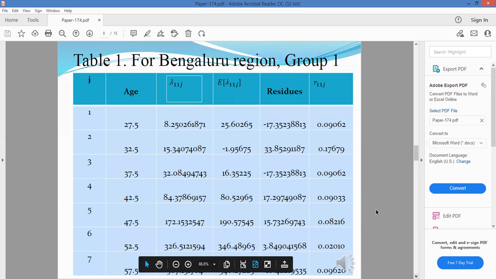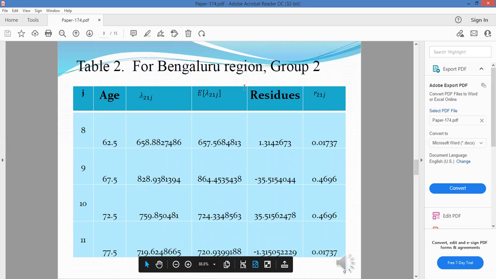After evaluation, the residuals are shown in the last column of table 1 for group 1 in the Bengaluru region, and we observe that all these R1ij values are less than 1.96. Similarly, for group 2 of the Bengaluru region, all the R2ij values are less than 1.96.